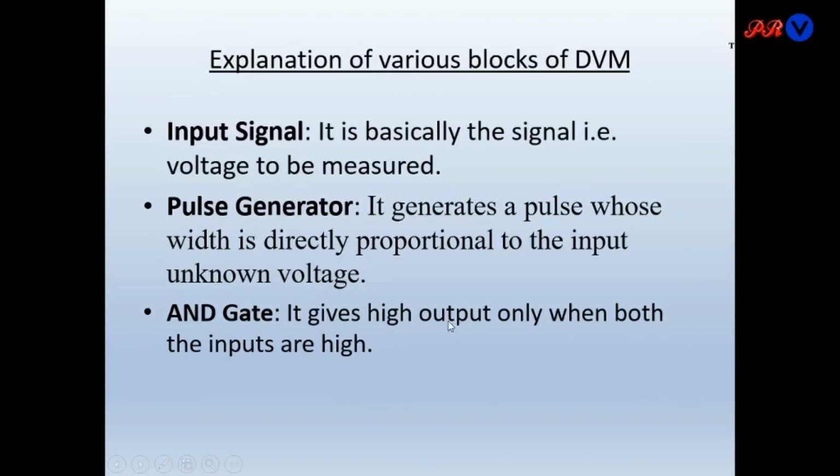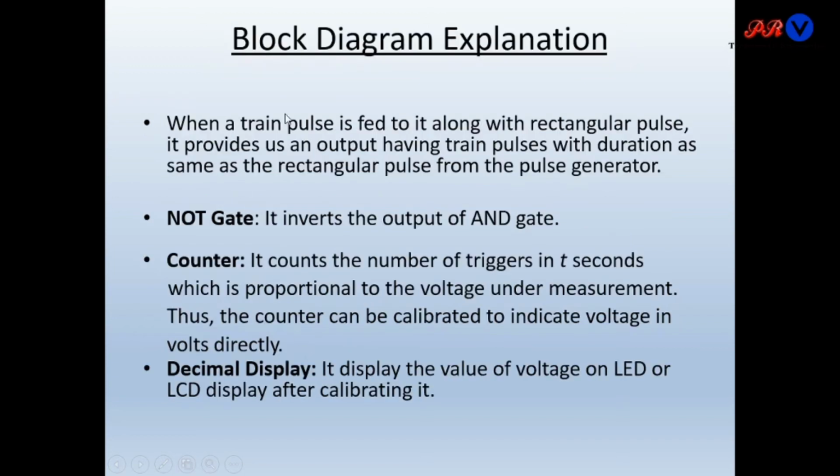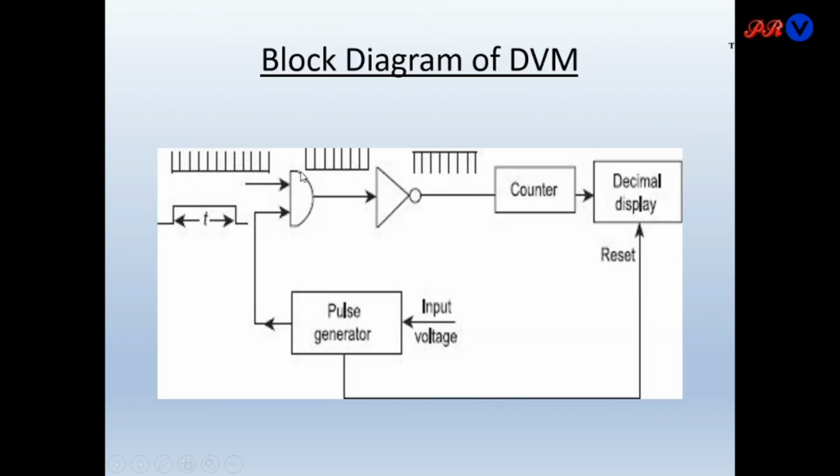AND gate: it gives a high output only when both the inputs are high. So, when a train of pulses is fed to the AND gate along with the rectangular pulse, it provides an output having a train of pulses with the same duration as the rectangular pulse from the pulse generator.